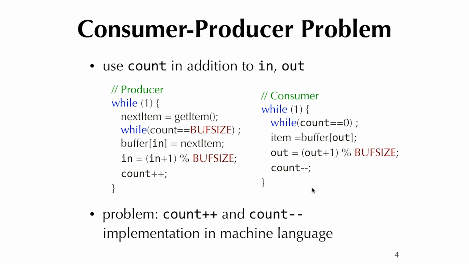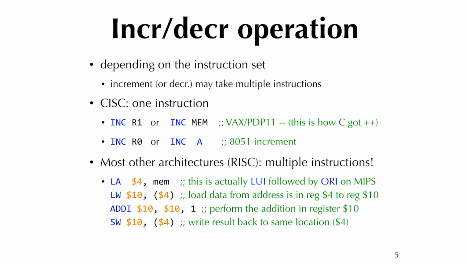And you can have a problem. Count plus plus, count minus minus. Say, really? I mean, it looks like a single instruction to me, right? Count, I increment, I decrement. This is a single statement. Well, it's a single statement in C, but it can be multiple instructions in assembly.